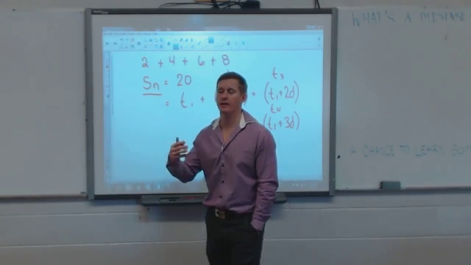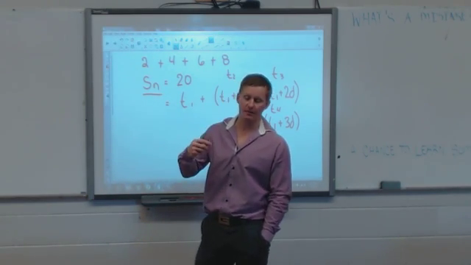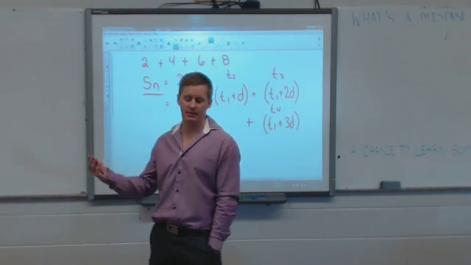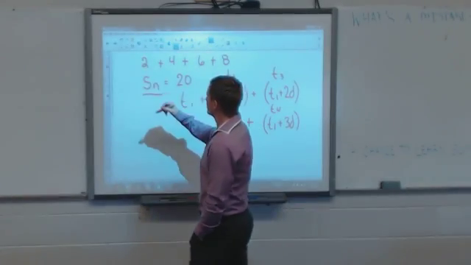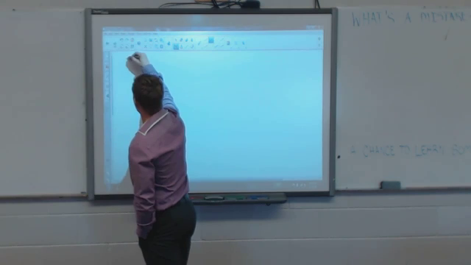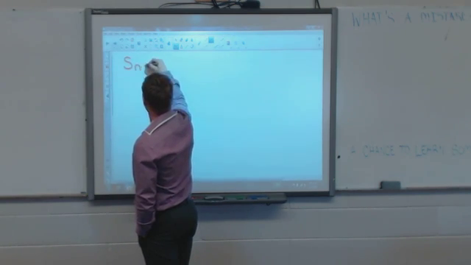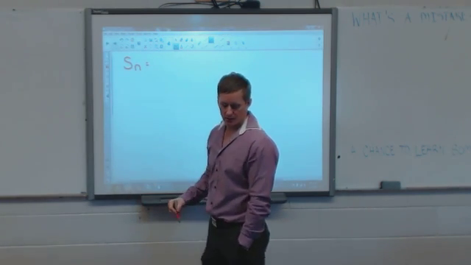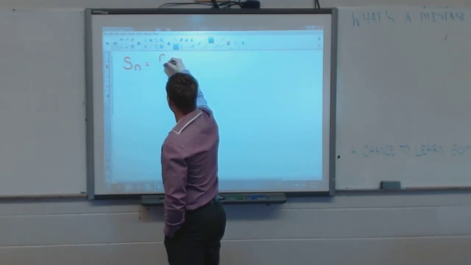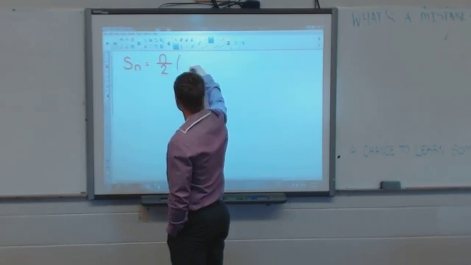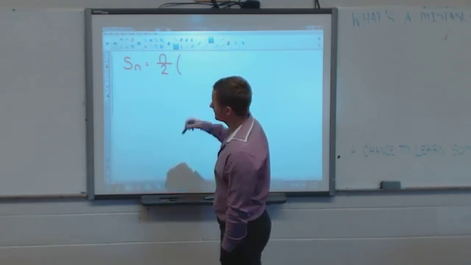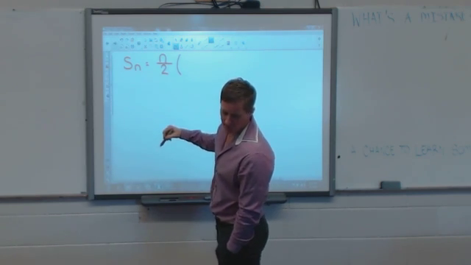I wanted to find the sum of the first 48 terms of this series. To do that, I use another equation. Again, this will be an equation that will be given to you. It's found by taking n over 2 times, now there's two ways in which we can do this.